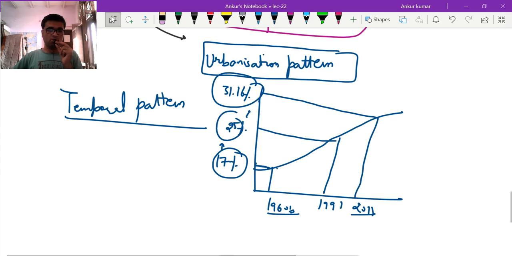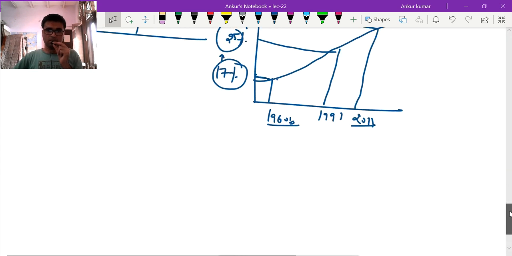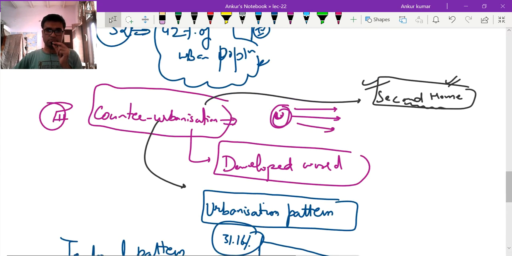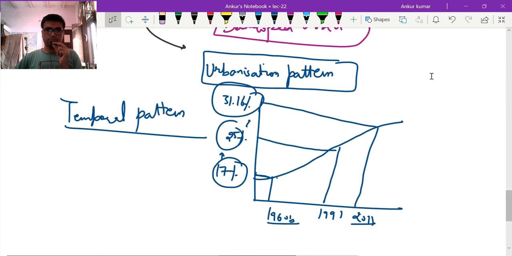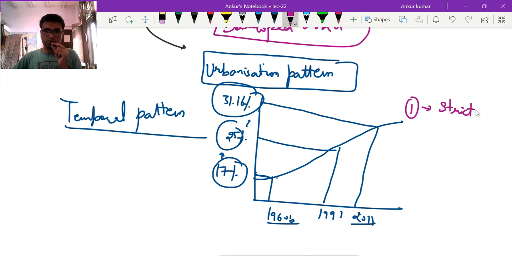Now there are a number of reasons for this slow growth of urbanization in India. The number one reason can be said to be the strict census definition of urbanization.